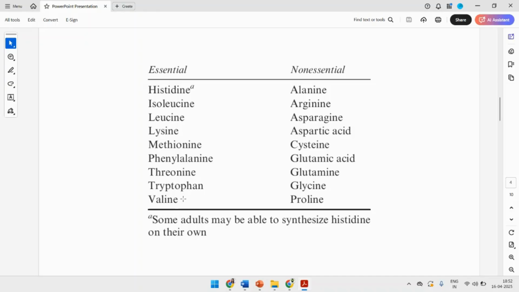That is why you have to take them from your diet, because the body is not able to make these essential amino acids. And then we have the non-essential amino acids, which the body is able to make. So these are your essential amino acids: histidine, isoleucine, leucine, lysine, methionine, phenylalanine, threonine, tryptophan, and valine.